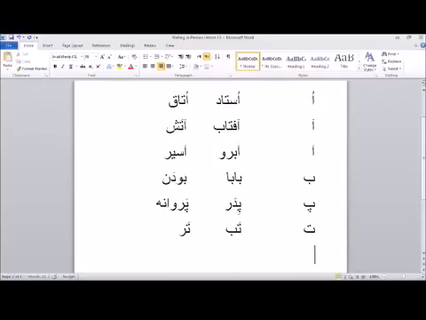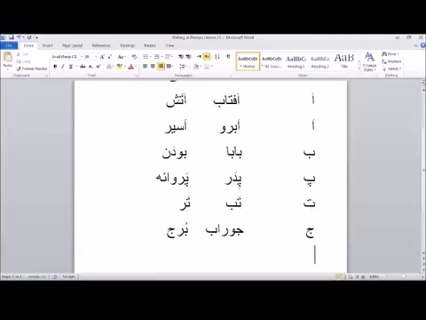We had the Jim, pronounced J. Jim is a connective. And we have J, U, R, A, Jurab. Jurab means stocking or socks. And then we had B, O, R, J, Borj. Borj means tower.